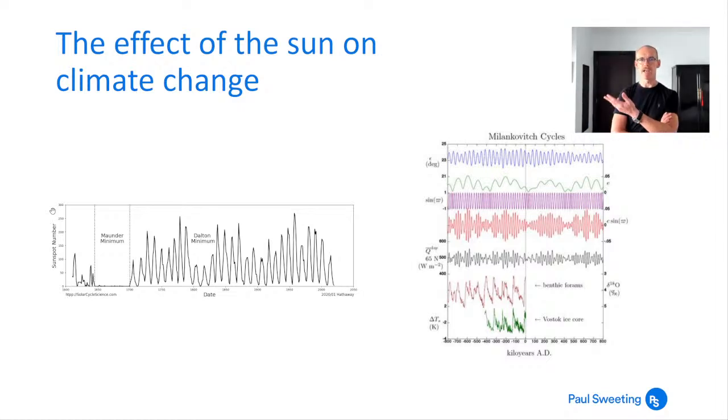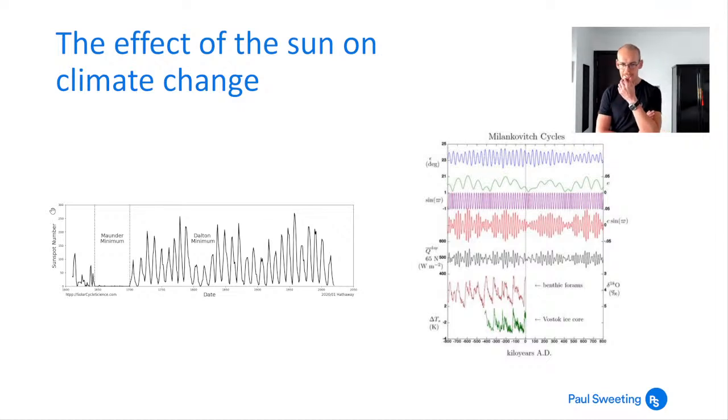And various alignments can have different effects, and all of these could have an effect on the Earth's climate. And there is some evidence that this might be the case, but over very long time horizons, and certainly not to the extent that we've seen the level of warming that we have over the last century and a half.